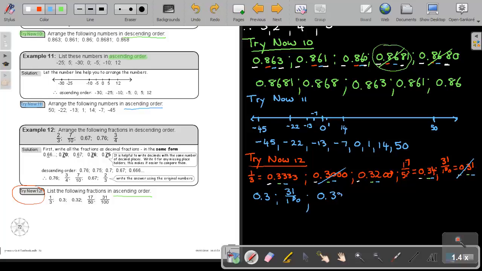And then it will be 3, the three, which is the original one, a third. Okay. And then the last one, okay, there, I scratch it. And the last one will be the 17 over 50. And now it's arranged in ascending order.